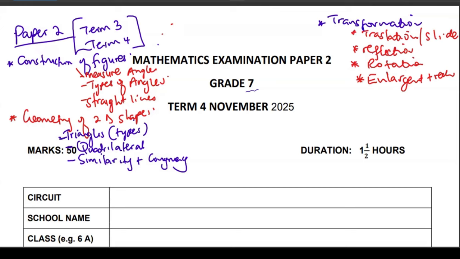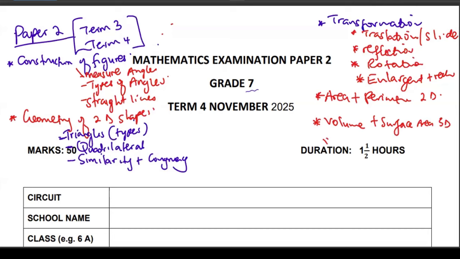Then in term 4, what you are supposed to cover is the area and perimeter of 2D shapes. You also need to look at the volume and surface area of 3D shapes. And lastly, the last topic is data handling.